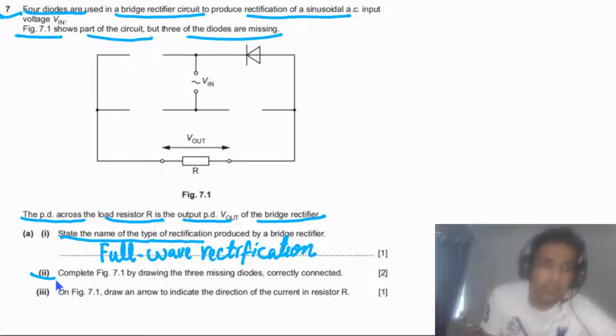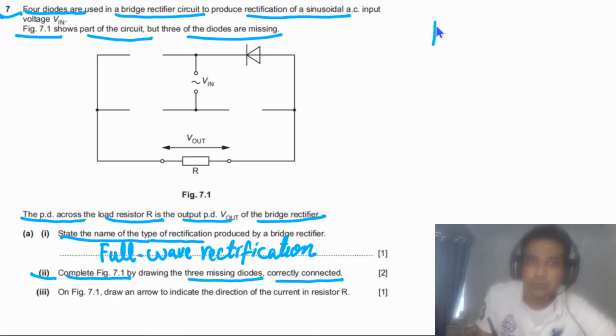For the second part, we need to complete figure 7.1 by drawing the 3 missing diodes correctly connected. Before we answer this question, let me explain one simple point. Maybe they can ask you next time. How can we achieve full wave rectification?